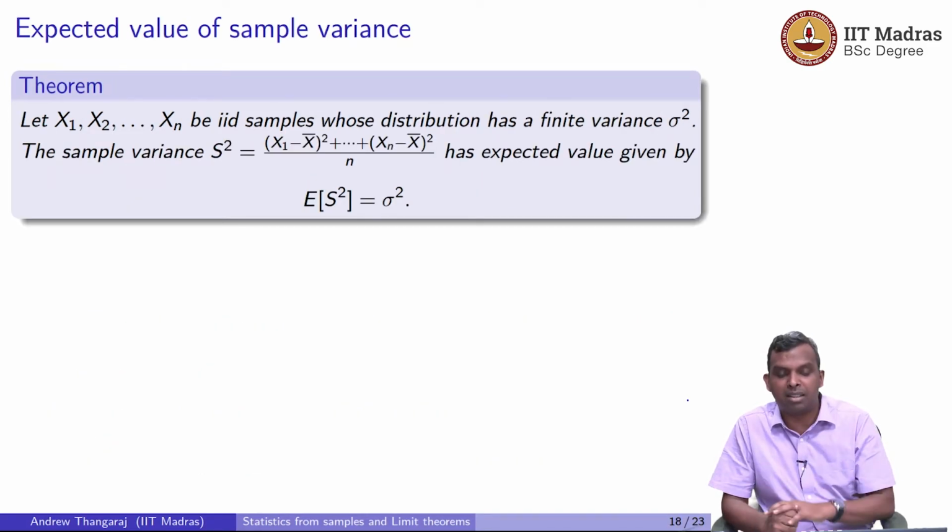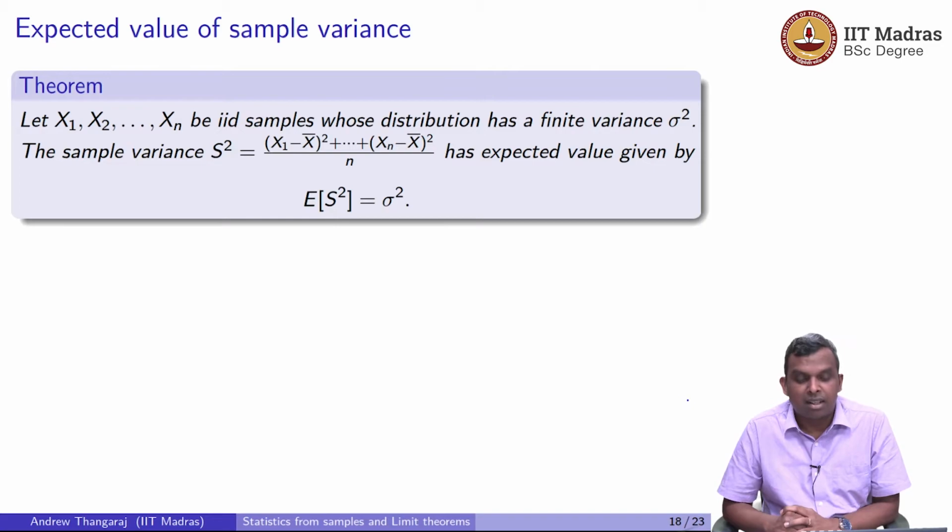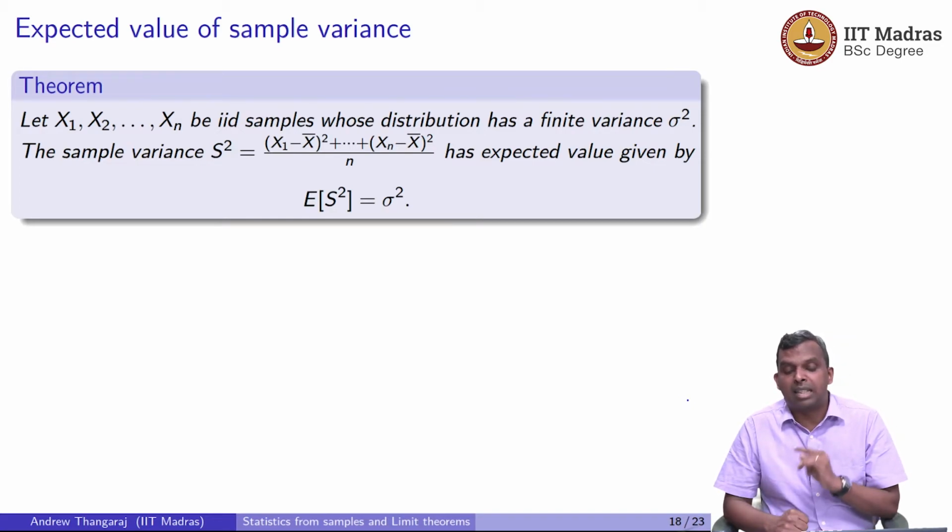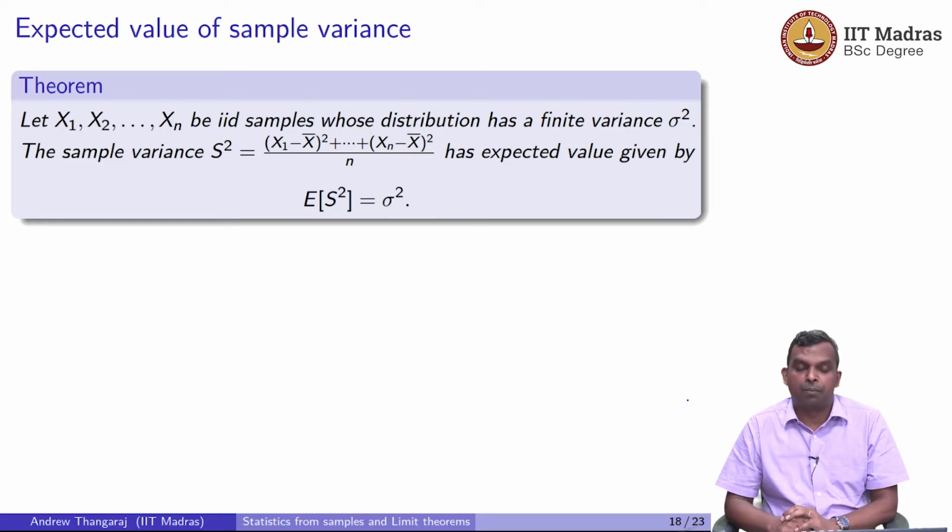So here is the big theorem. The expected value of the sample variance is equal to the variance of the distribution. Supposing you have IID samples from a distribution which has a finite variance sigma squared, the sample variance is a random variable, but its expected value is equal to the distribution variance.